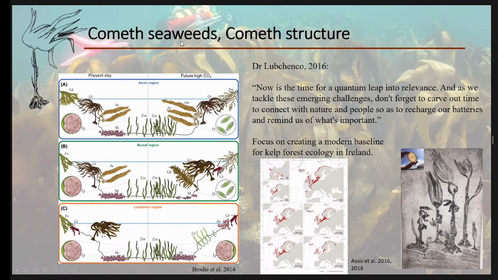And this is just a picture from Jorge Assis's paper in 2016. This species has been present for a long time. In the last ice age, its distribution was restricted to southern Europe and the Mediterranean. And as that ice age eased, it moved northward, its northernmost point being Svalbard, I'd say. But now what we're seeing is that it's restricting its southern distribution.